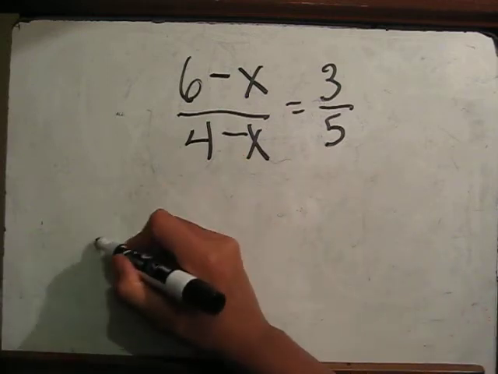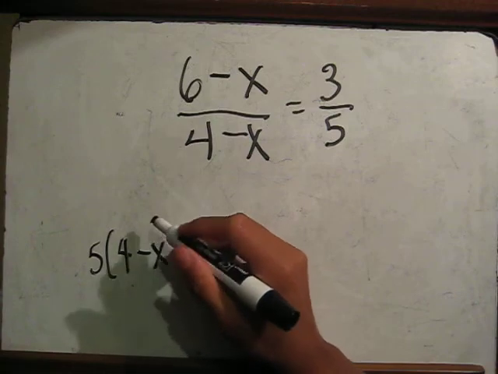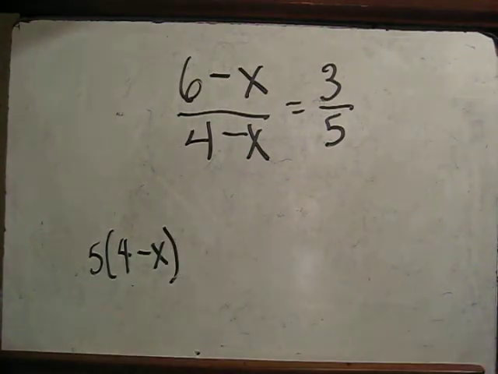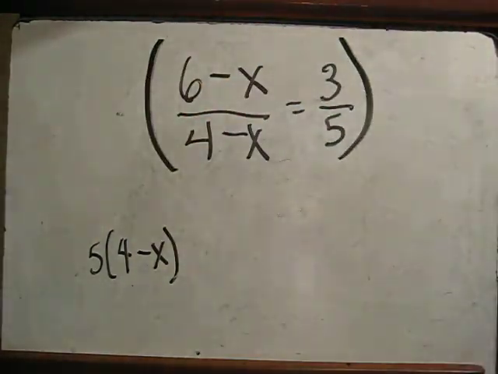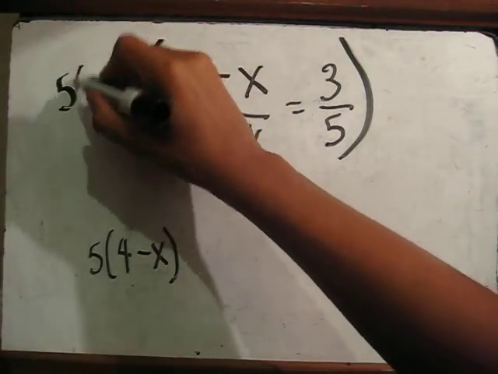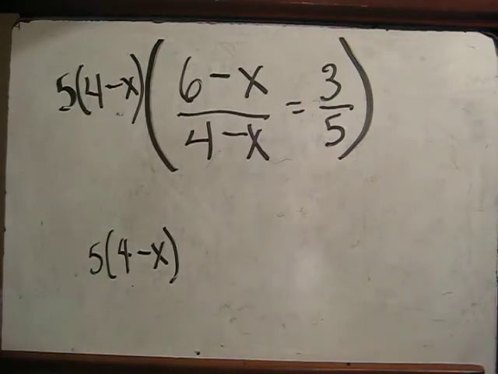So it looks like this: 5 times 4 minus x, like that. Okay, so we're going to multiply this entire equation by 5 times 4 minus x.